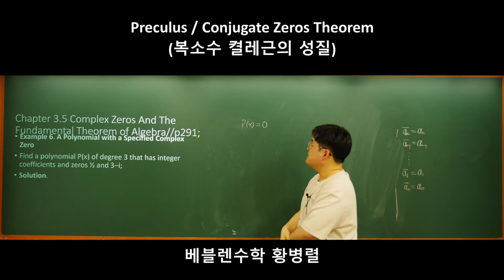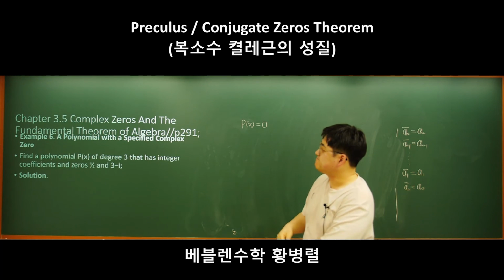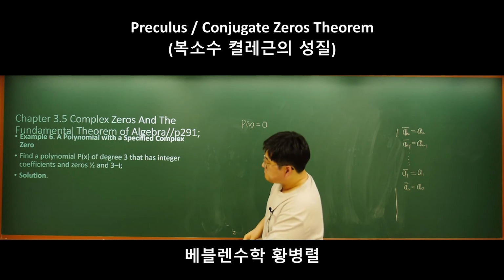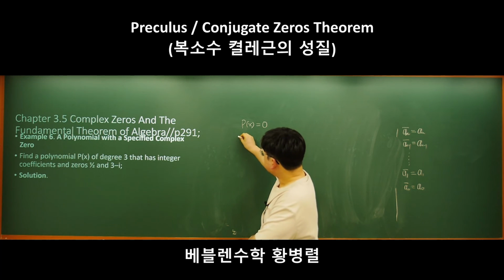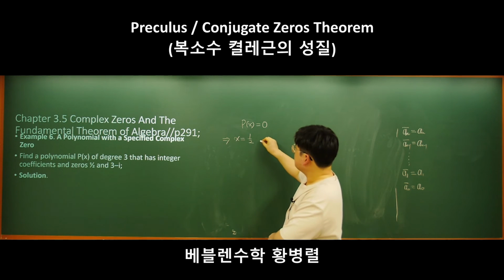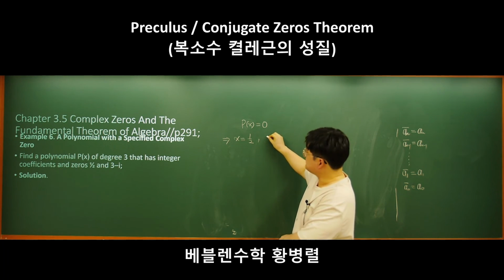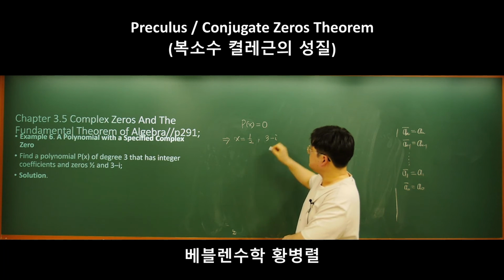Because p(x) is a cubic polynomial, this equation is a cubic equation. And one solution of this equation is 1 over 2, and another solution of this polynomial is 3 minus i.